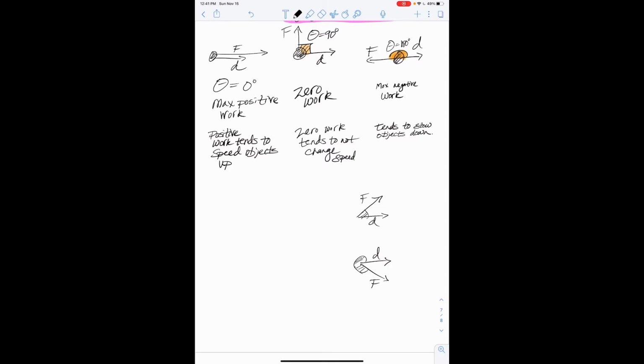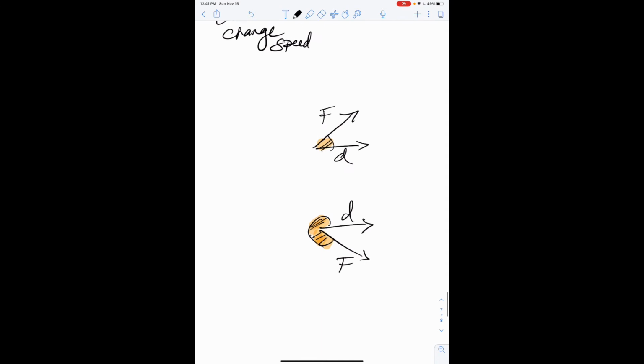And here you have theta. You might say, well, I didn't draw the angle between there. You know what? If I would have, I think both of these drawings right here would have been the same.